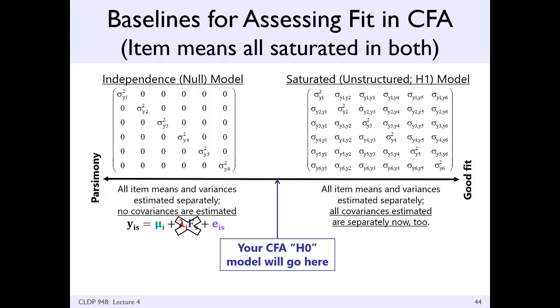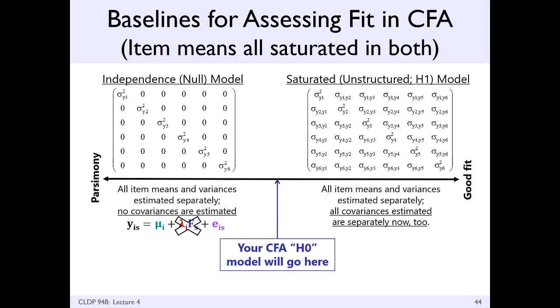So here's the spectrum of fit then. We've learned about 2 models so far, and this is going to be the 3rd. So the best possible model over here on the right side, good fit. This is known as the saturated model. It's labeled H1 in your output, and it's also the same as an unstructured covariance matrix if you're from my multi-level class.